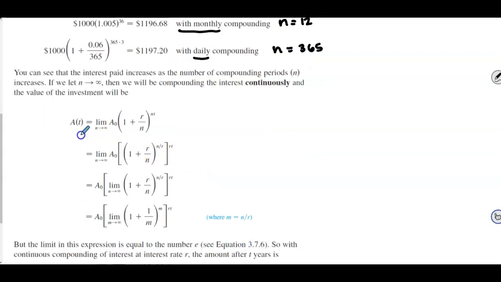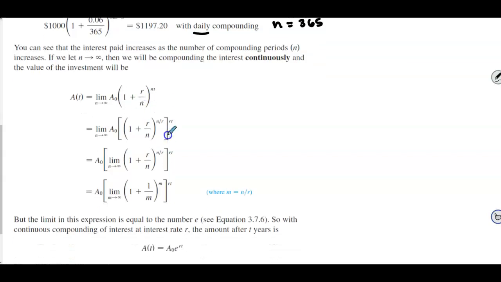We would have A of t, which is equal to the limit as n approaches infinity of the initial amount times 1 plus r over n to the power of nt. The next step is that we can raise this entire function to the r over r, times t power.